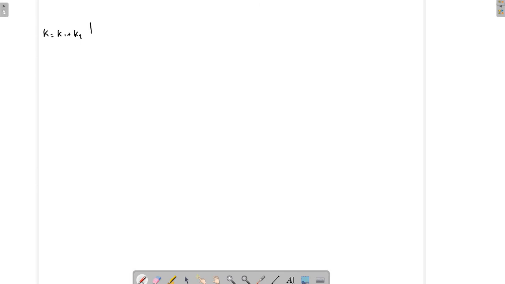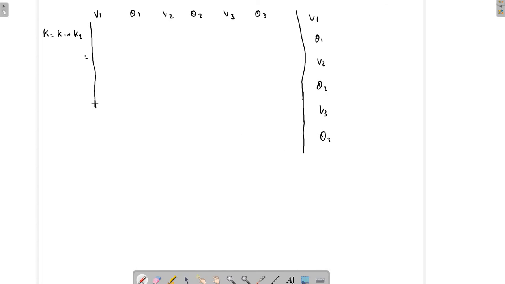So first of all, you arrange the row-wise and column-wise elements, that is V1, theta 1, V2, theta 2, V3, theta 3, and V1, theta 1, V2, theta 2, V3, theta 3. So we are going to fill the values according to this, provided K1 and K2 are both similar.